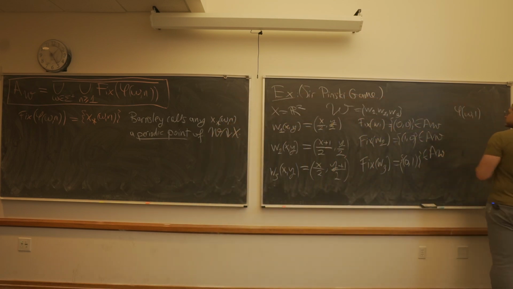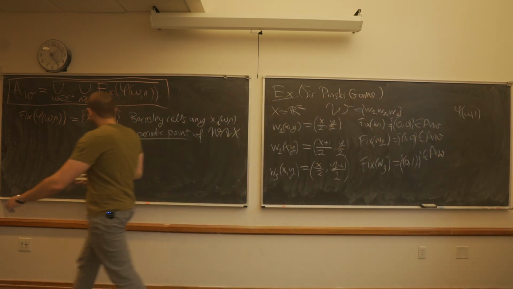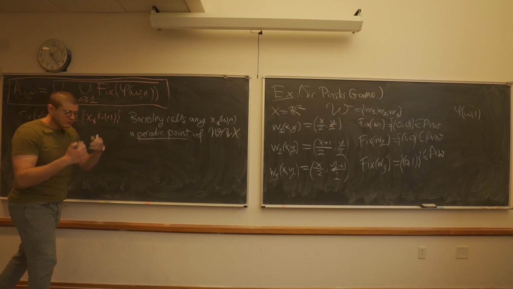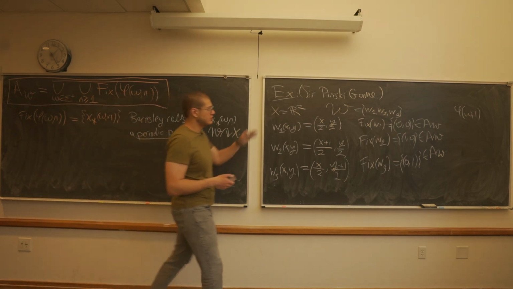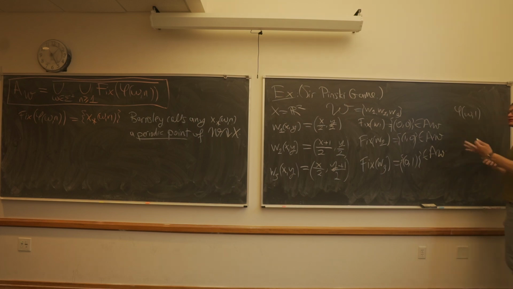It's still a contraction, but its fixed point is different. So what this statement that I've boxed in orange is saying is that using such fixed points of arbitrary compositions of contractions given in your iterated function system, you can approximate any point in the attractor arbitrarily well.